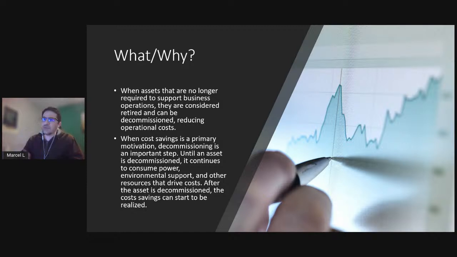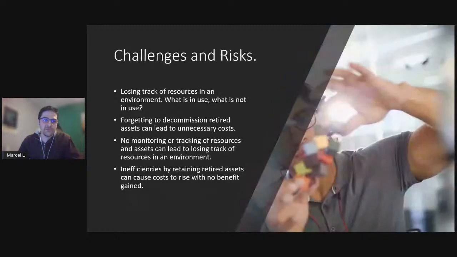That's basically what we're going to talk about today: the life cycle and how we can ease the process of maintaining the life cycle of a cloud resource. Some of the challenges and risks with this: like I said earlier, if it starts off small but gets so big, sometimes you can lose track of resources in an environment, like what's in use and what's not in use.